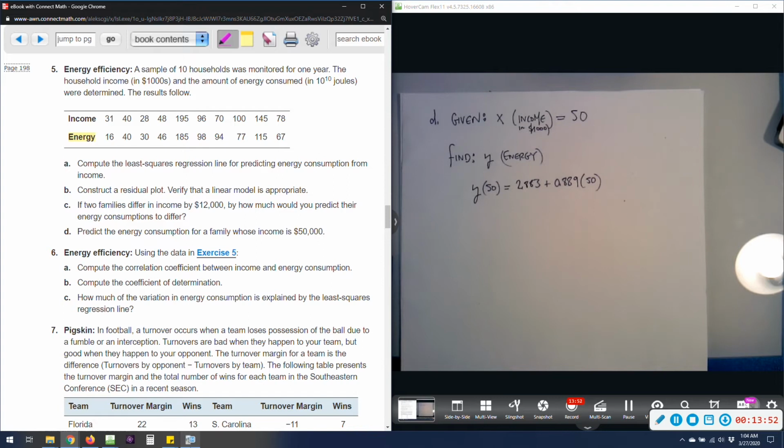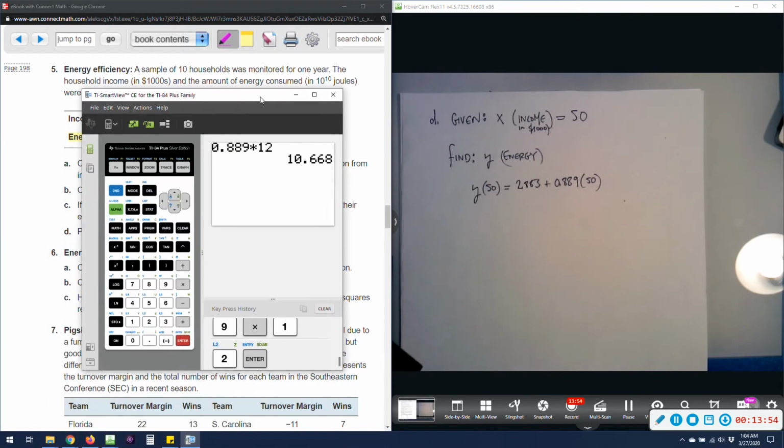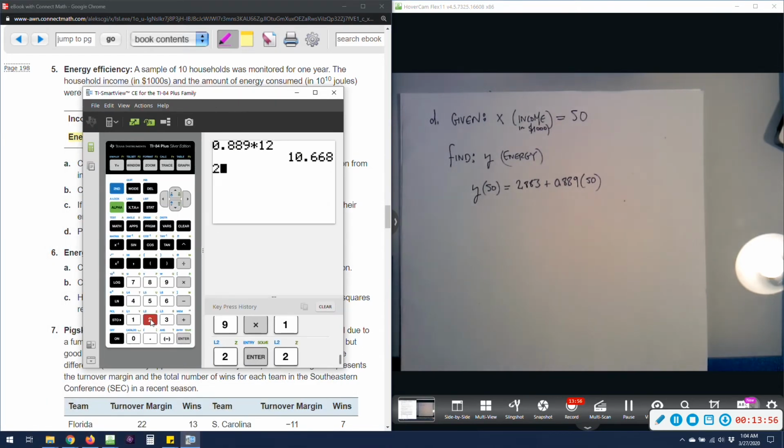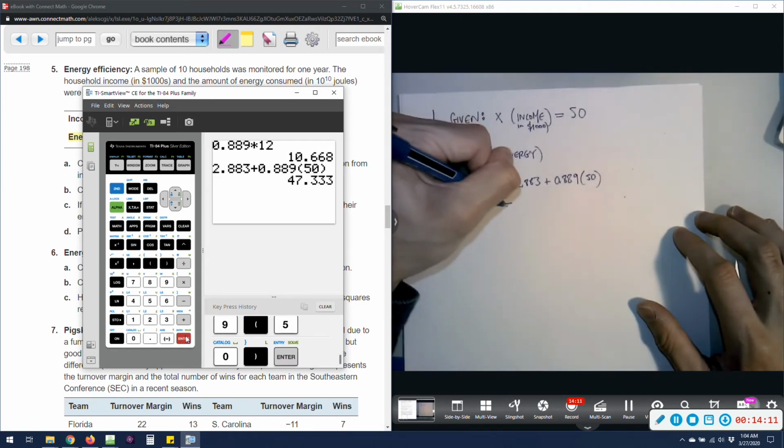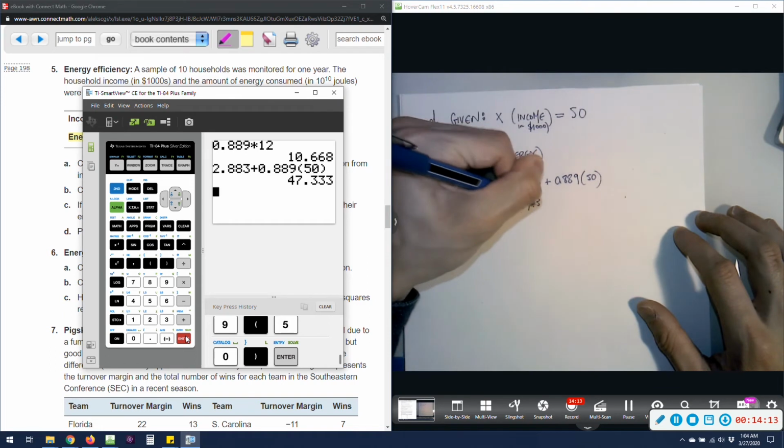Now to do this on your calculator, you just have to do 2.883 plus 0.889 times, with parentheses if you want to, 50, or you could just use the times. And then you get 47.333.